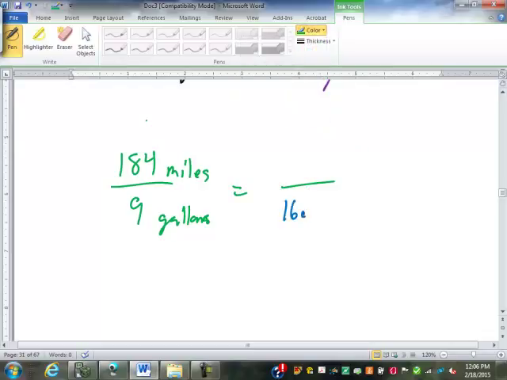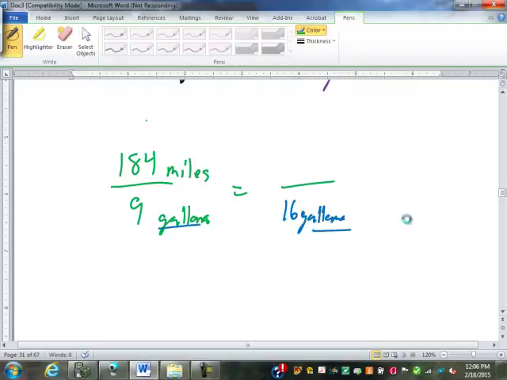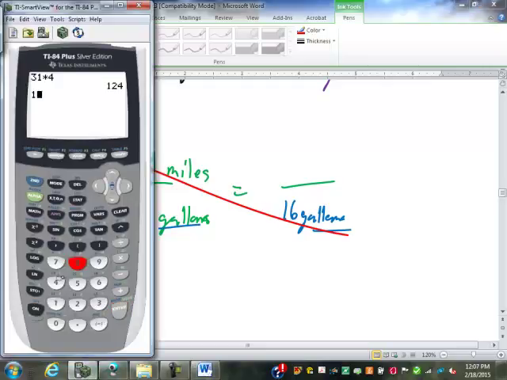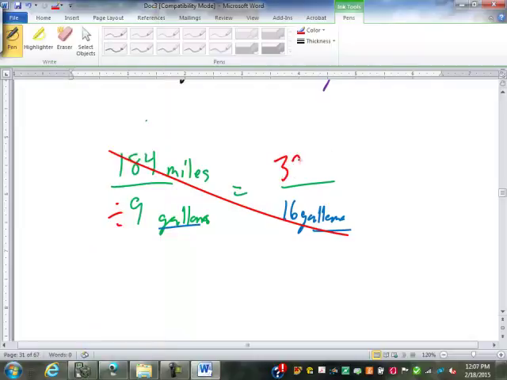Well, the gallons have to go on bottom because we need the same units. Have to match them up in our proportion. We're going to cross multiply and divide here. 184 times 16 divided by 9 gives us 327.11 miles that we can travel on a 16-gallon tank.